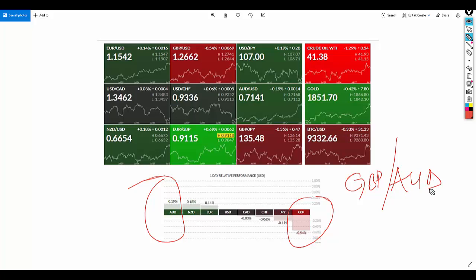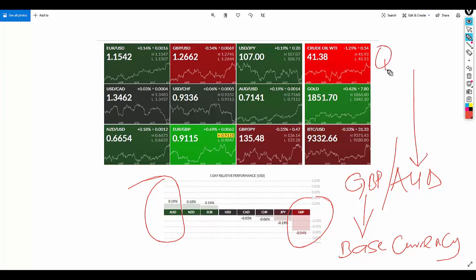In this case, pounds is a base currency. We call it base currency, while Australian dollar is called a quote currency. So you have to know this, please, guys. You have to know how to arrange.